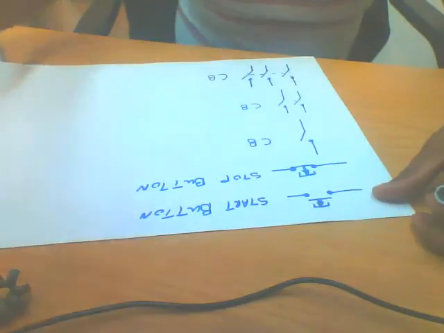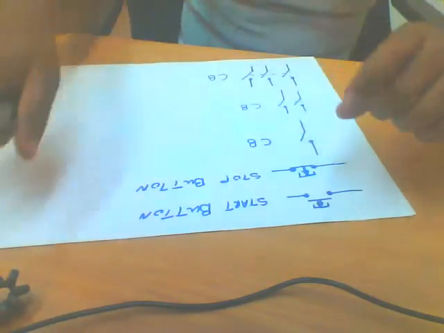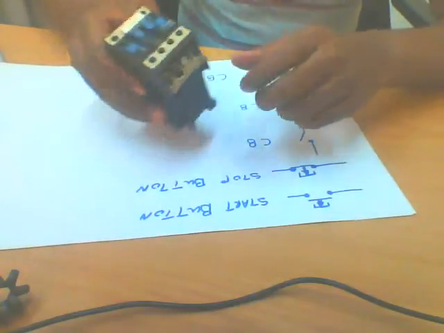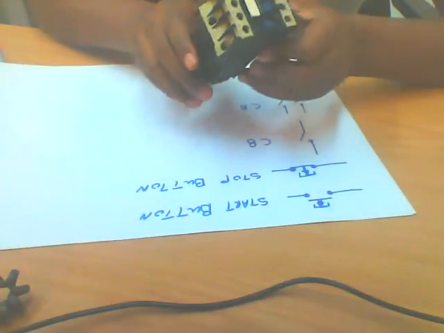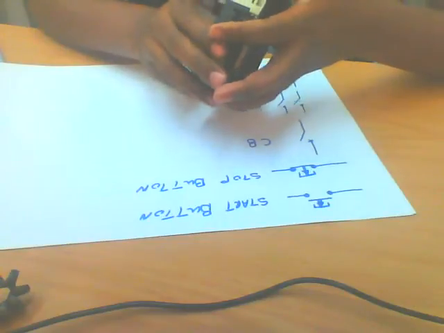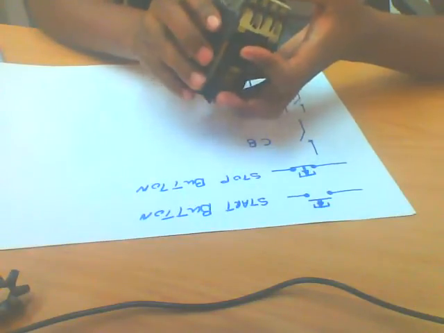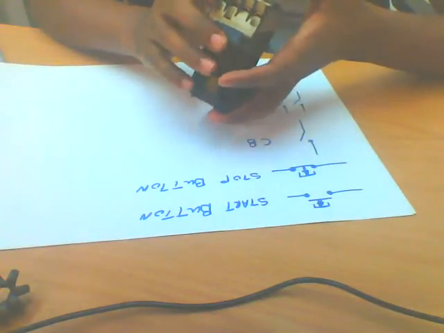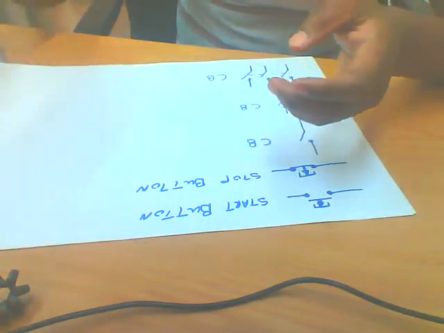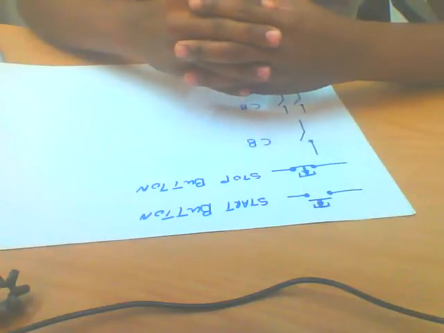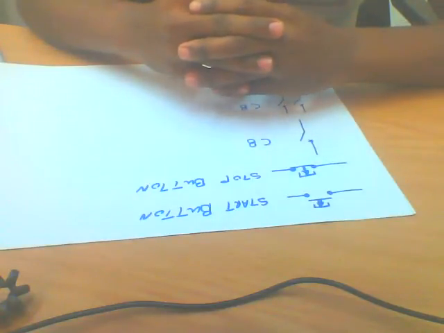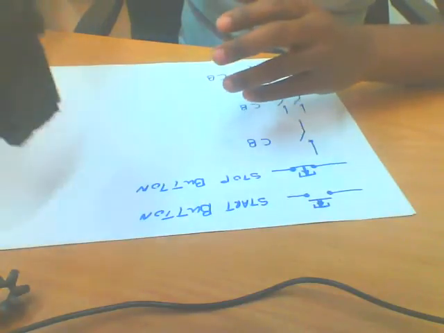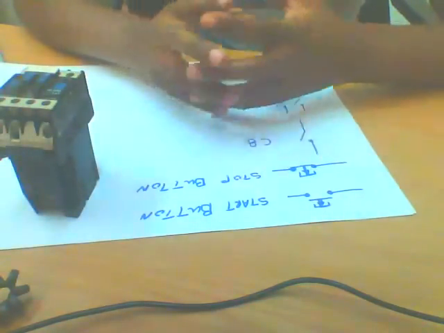Okay, let's have a look at this one here. What is this block here? This block is your contactor. What is a contactor? A contactor is a bigger version of a relay, if you know what a relay is. A relay controls small voltages, but a contactor controls larger voltages.